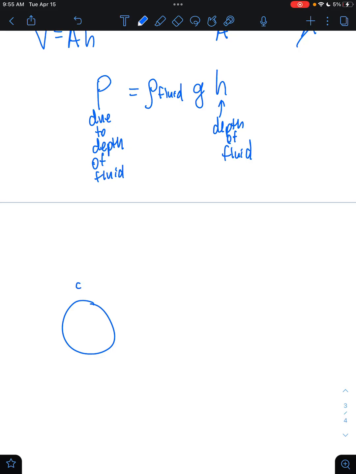Well, if here is the earth and here is us, not to scale, and here is the end of the atmosphere, we would be able to say, at what depth are we underneath the fluid of air? So we are feeling this air pressure of 1 atmosphere.